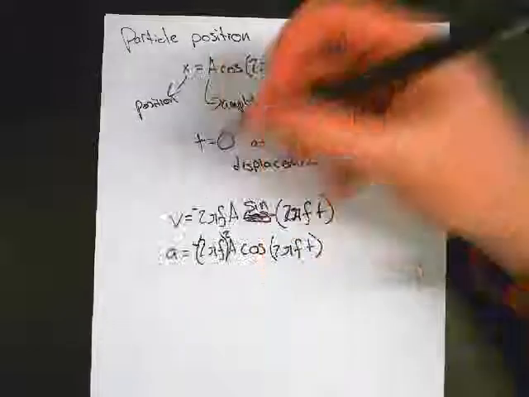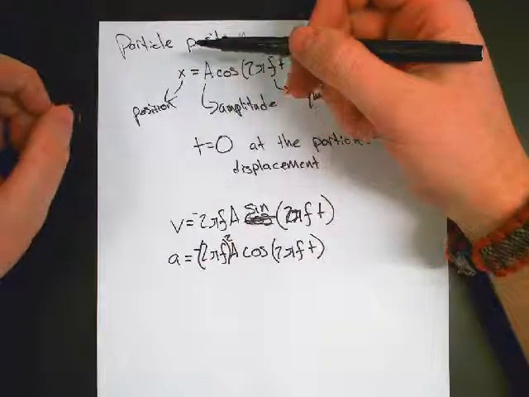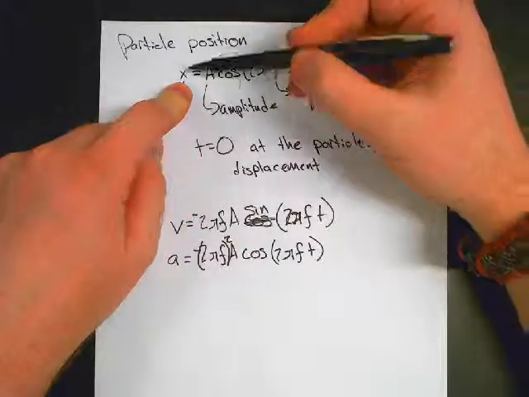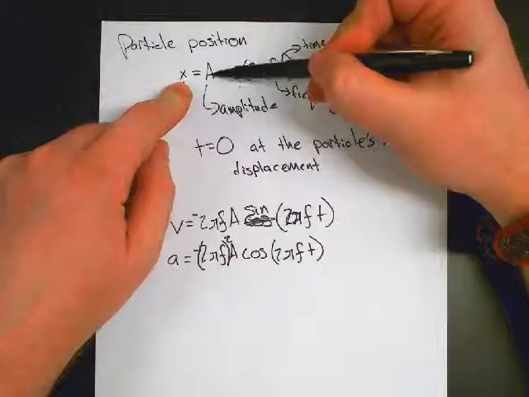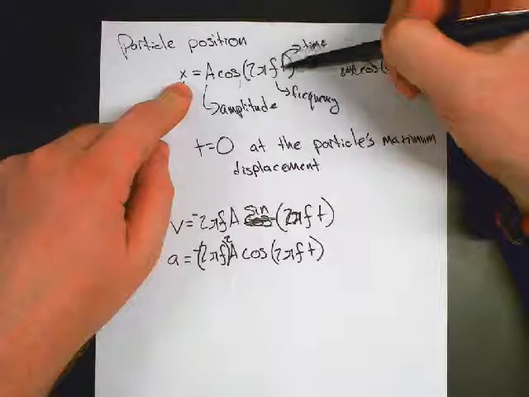All right. For an individual particle in a wave, starting from its maximum displacement, x is the particle's position. We find x's position as the amplitude, its maximum displacement, times the cosine of 2 pi times the frequency times t.